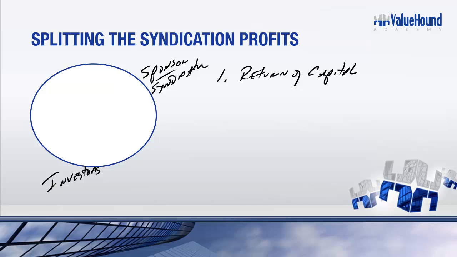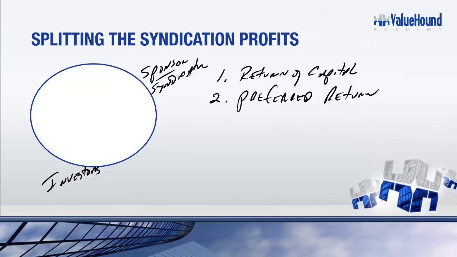I mean, think about when you got the deal first put together, this is all the money that you raised to buy the deal. All the sources and uses of funds that you raised to buy the deal. This is what the investors contributed into the partnership. That comes out first.